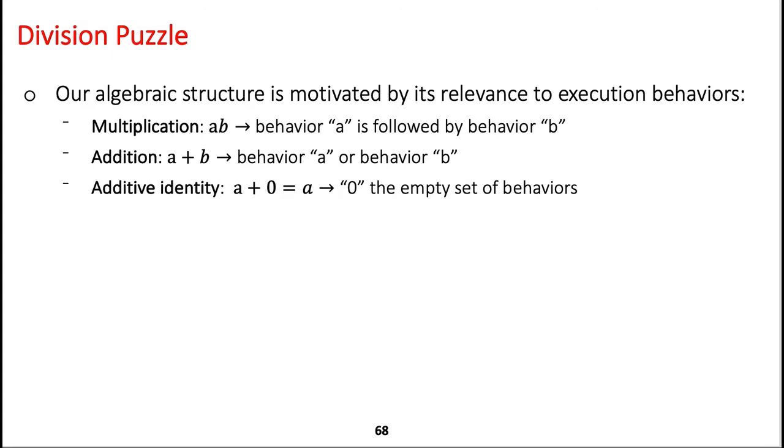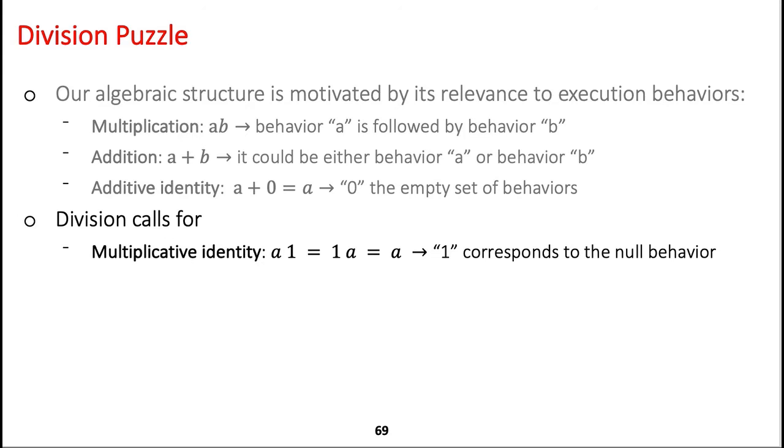So let's recall that the multiplication AB is behavior A followed by behavior B. Addition A plus B is union: behavior A or behavior B. The additive identity is an empty set of behaviors. To define division, we need a multiplicative identity. We denote it by 1.